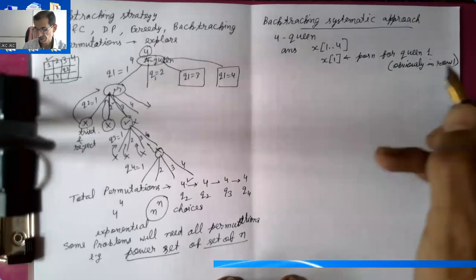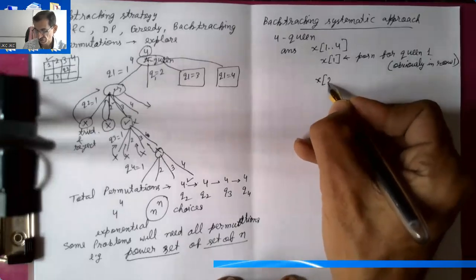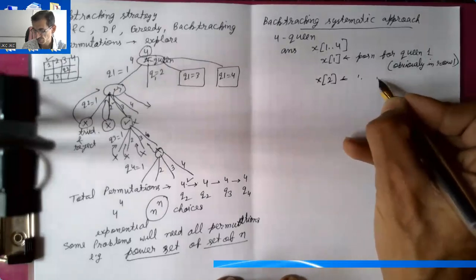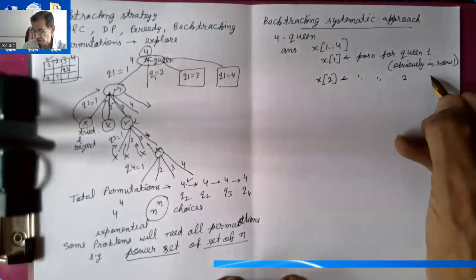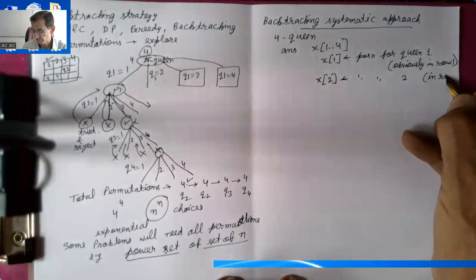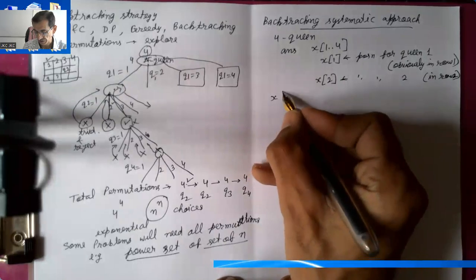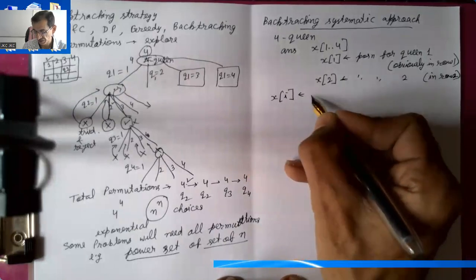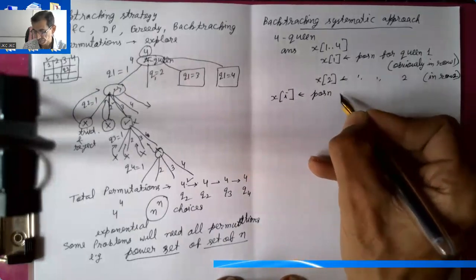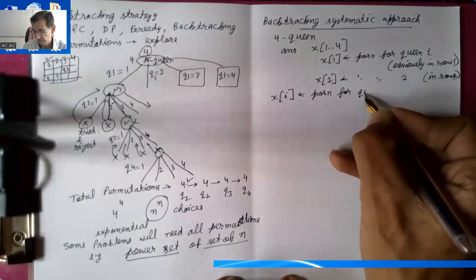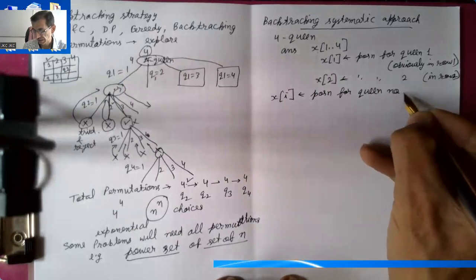Similarly, X2 gives the position for queen 2 in row 2, obviously. So the row is implied, the queen number directly tells. In general, Xi is the position for queen number i. And I want to generate that.